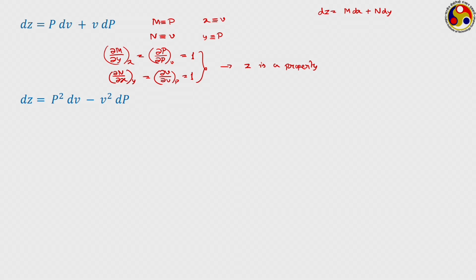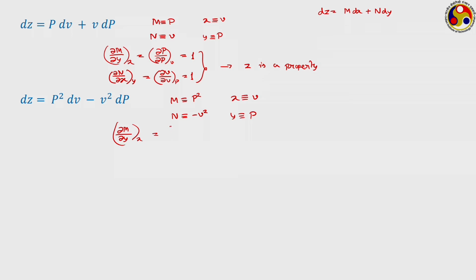Let us take a second example. dz equal to p square dv minus v square dp. So, if we compare in this one, your M is equivalent to p square, N is equivalent to minus v square, x is equivalent to v, and y is equivalent to p. So, your dou M dou y at x will be what?